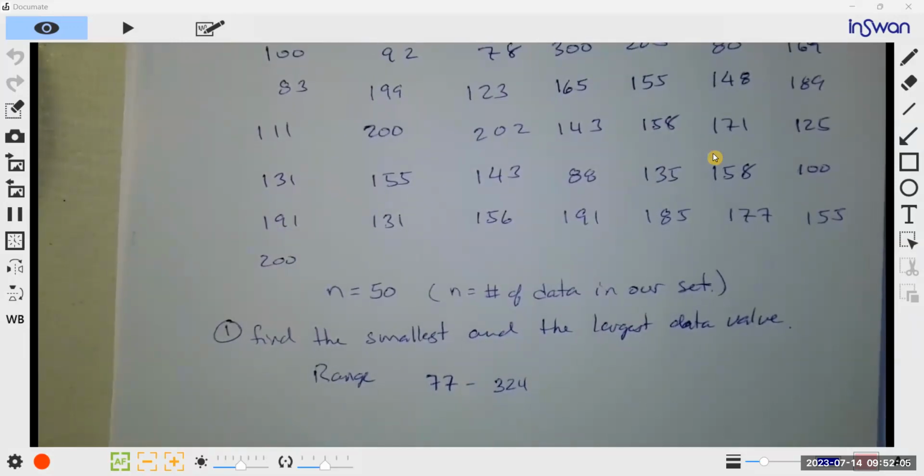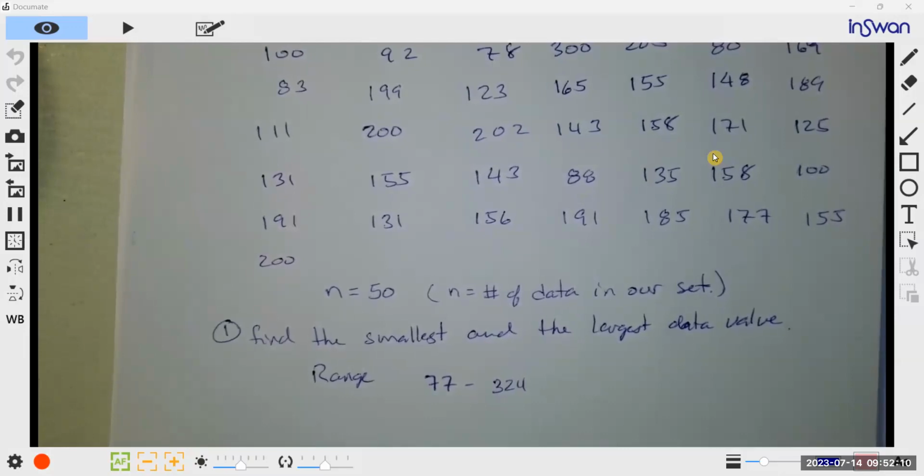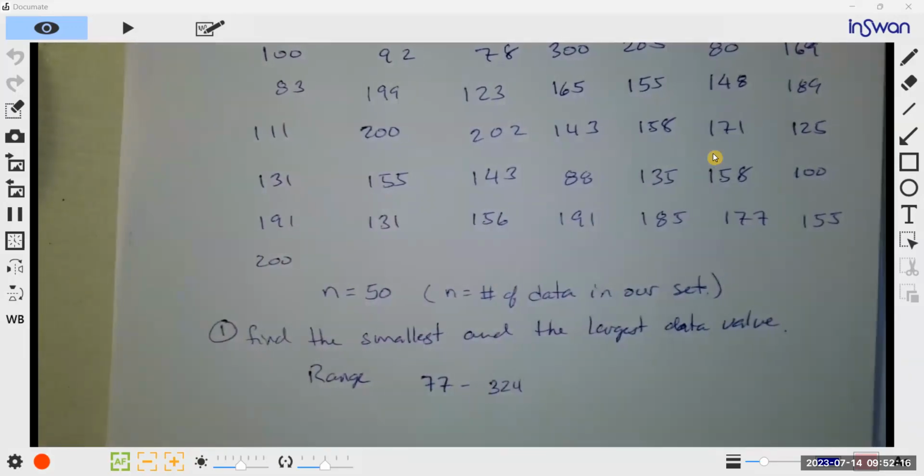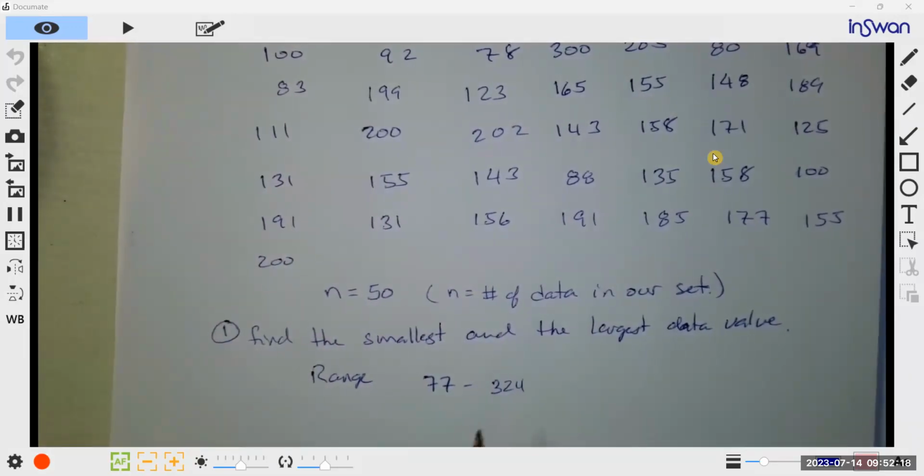That's a pretty sizable spread, because when we create this table, we can't just put 77, 78, 79, 80. That would take us too much time.